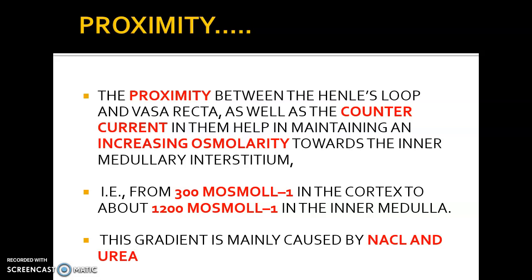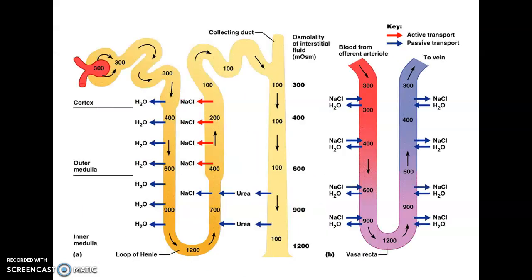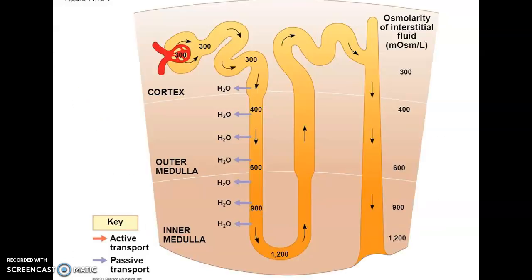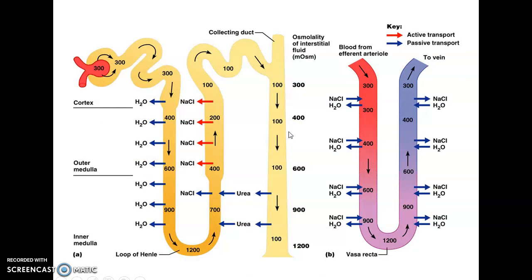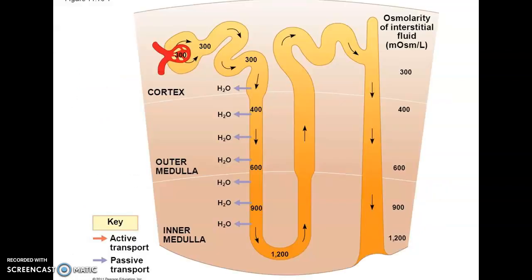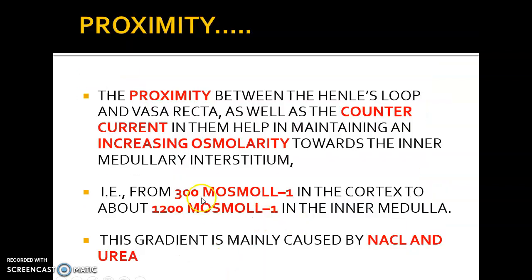If we take the example of this diagram, you can observe that the osmolarity in the cortex region is lower, and as we gradually descend, the osmolarity increases. From 300 milliosmoliter in the cortex to about 1200 milliosmoliter in the inner medulla, this gradient is mainly caused by sodium chloride as well as urea.